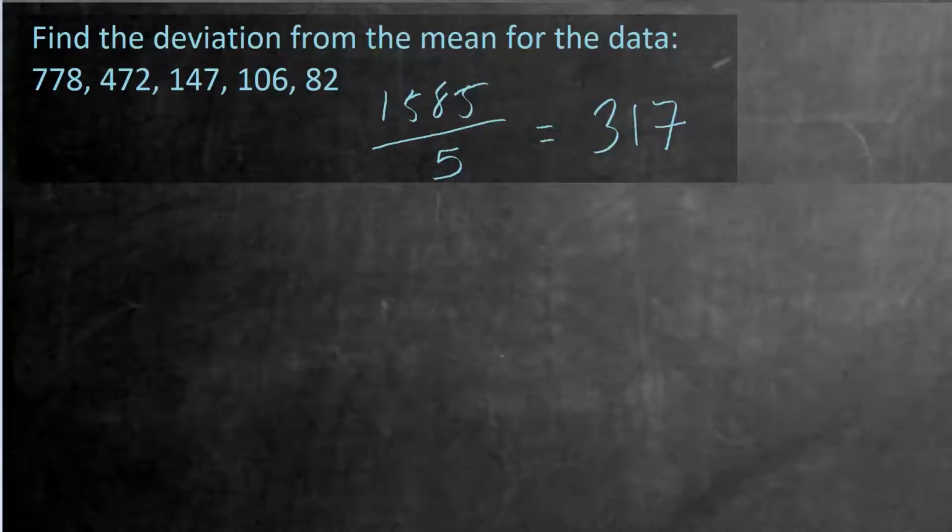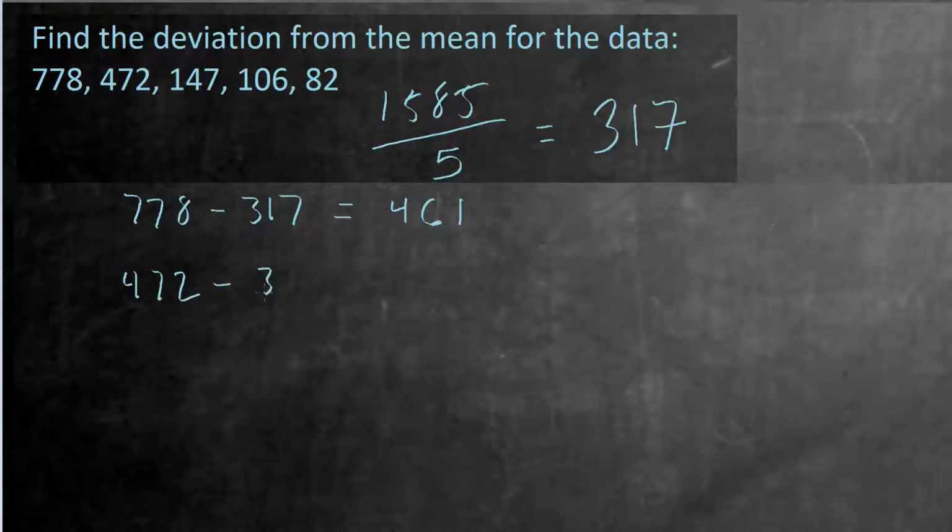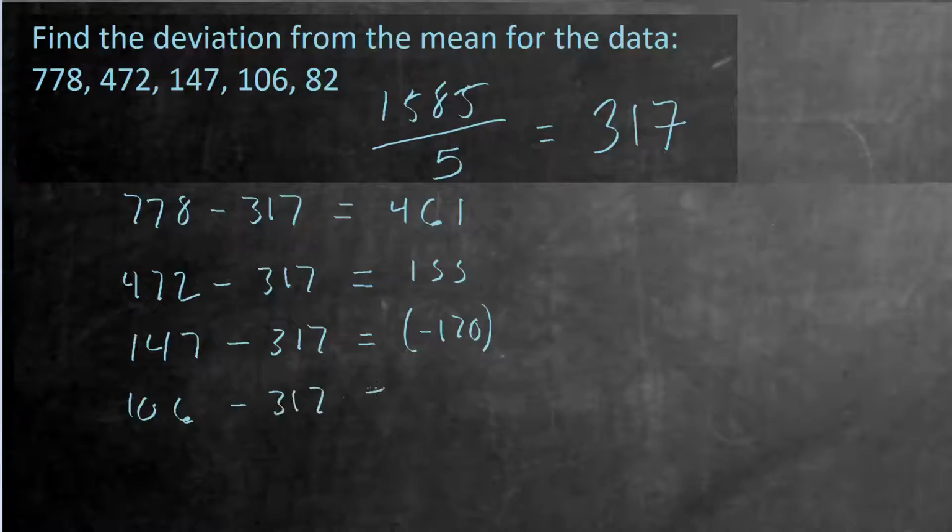So then to find the deviation from the mean, we take our data item. So let's go 778 minus 317. So that one deviates from the mean by a distance of 461. 472 minus 317, 155. 147 minus 317 is negative 170. 106 minus 317 is negative 211.